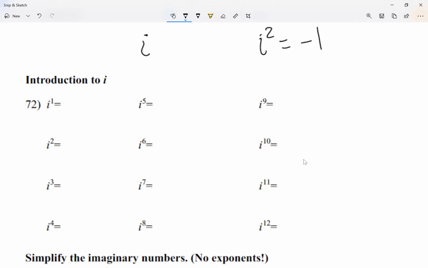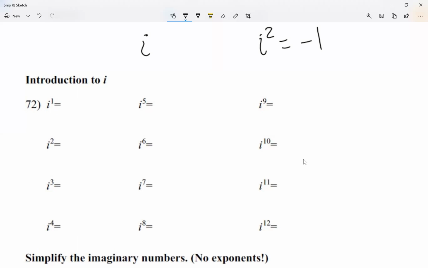I'm not saying i is +1 or i is -1, because if it was +1, 1 times 1 is not equal to -1. If it was -1, a negative times a negative will not be -1. So i is not 1, i is i. i squared, i to the second power, is equal to -1.